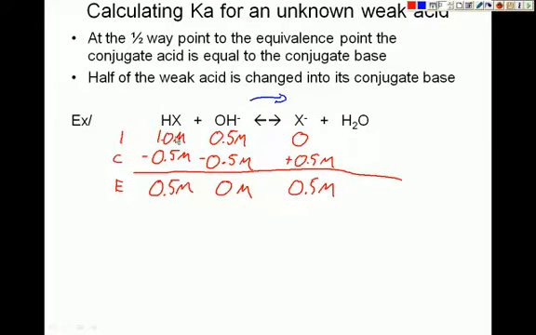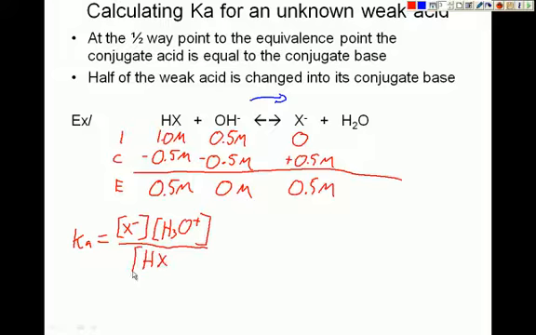So if I were to write my Ka expression for this, it would be Ka is equal to X minus times my H3O plus, divided by HX.